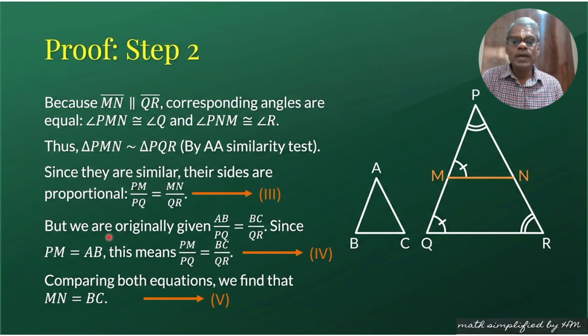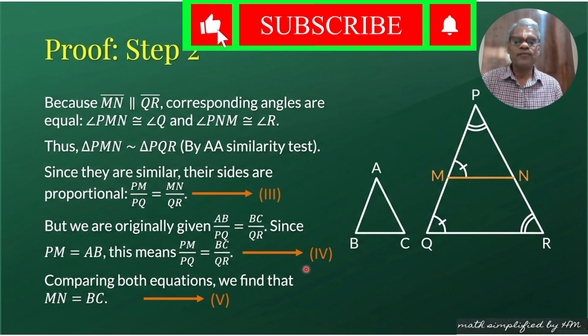But we are originally given AB upon PQ is equal to BC upon QR. Since we have PM is equal to AB, this means PM upon PQ is equal to BC upon QR. Now compare equation 3 and 4.